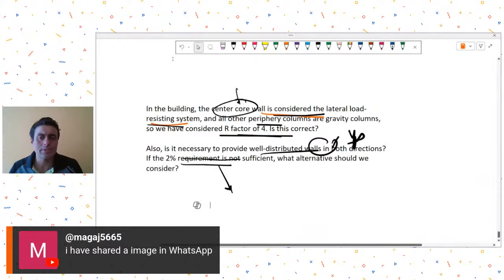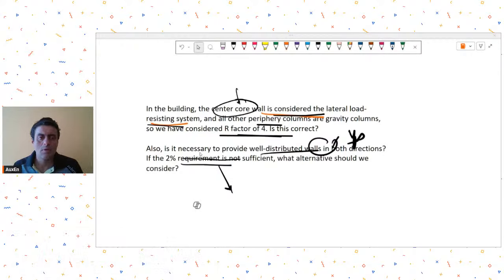What is this 2%? I think it is 25%. 2%, I'm not sure right now. What is this 2% requirement?